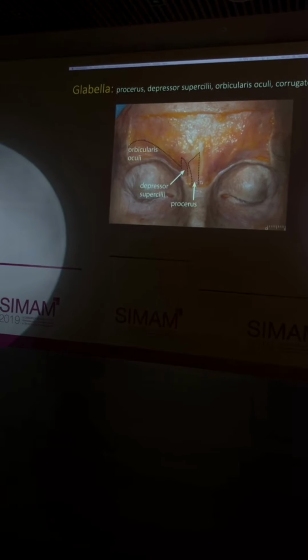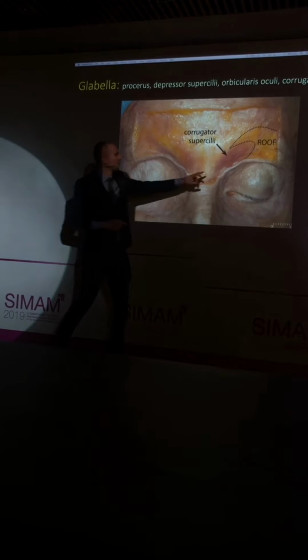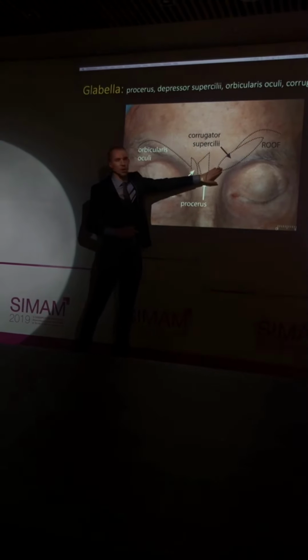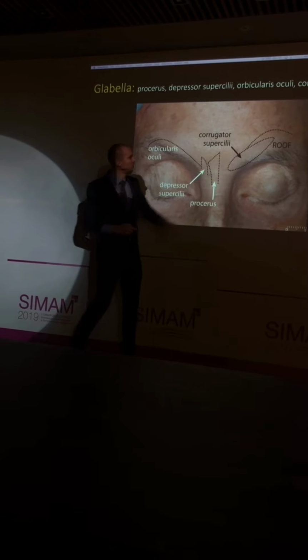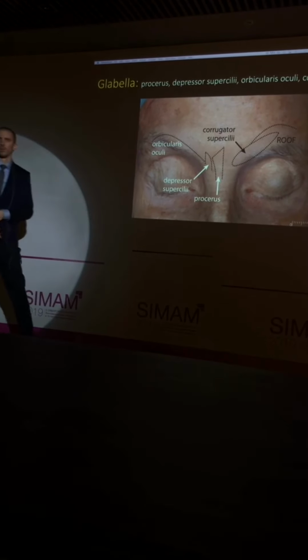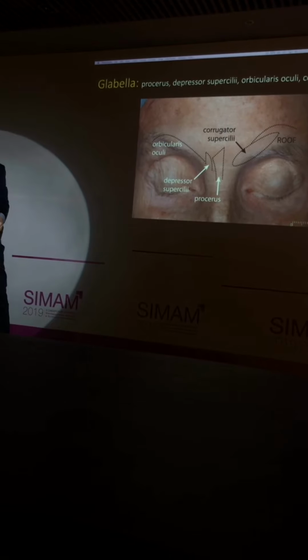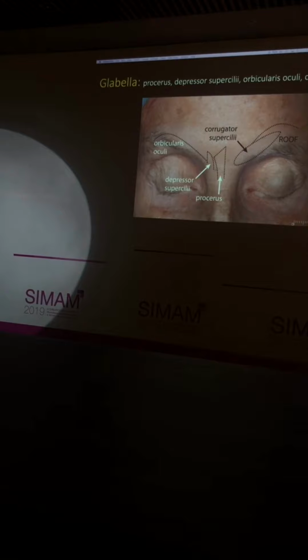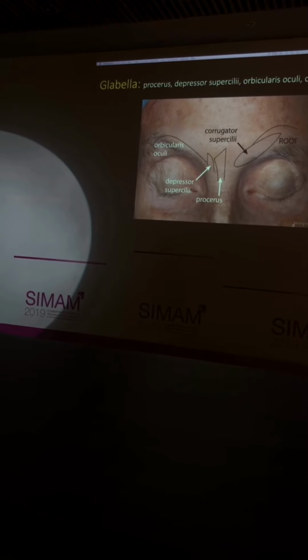What I would like you to see is that this corrugator is very, very caudal, very inferior. И особо хочу обратить ваше внимание, что корругатор суперцилии в области крепления находится достаточно низко.